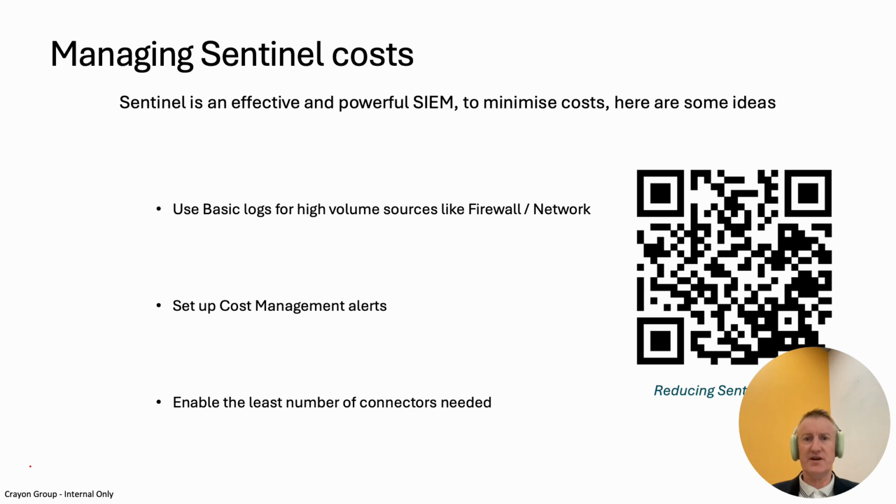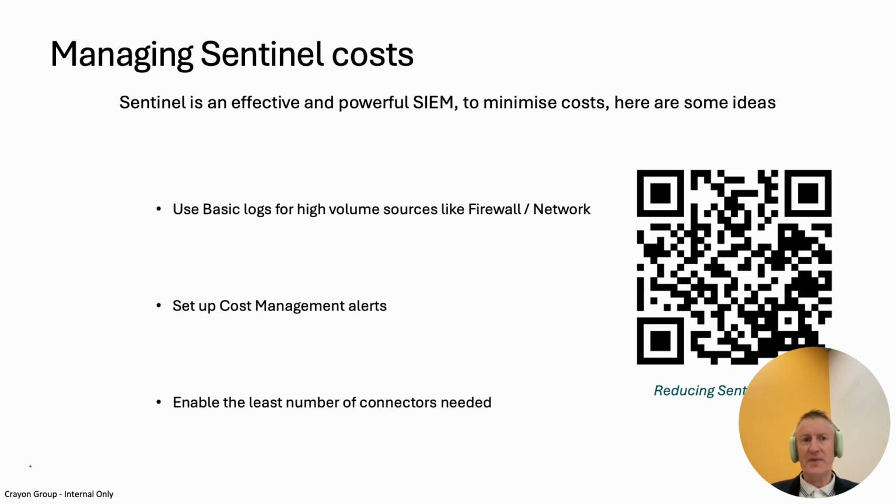Set up cost management alerts. Do this across anything that you're using within Azure or any cloud platform, because sometimes things can happen. Tasks can start to kick off that end up bringing a big cost to the organization. So set up those cost limits unless what you're doing is mission critical and cannot be down. And in that case, make sure that you can see what the costs look like quickly.